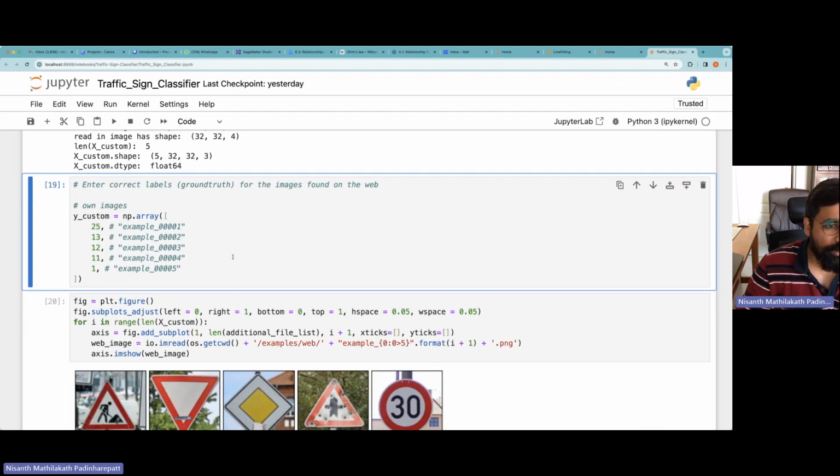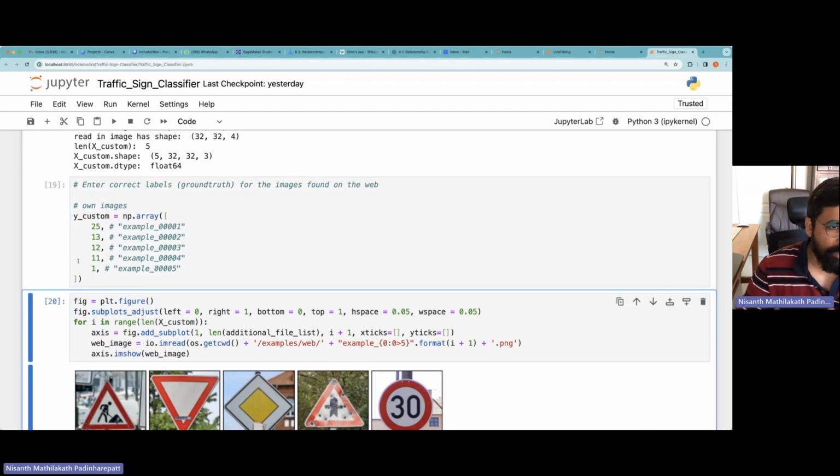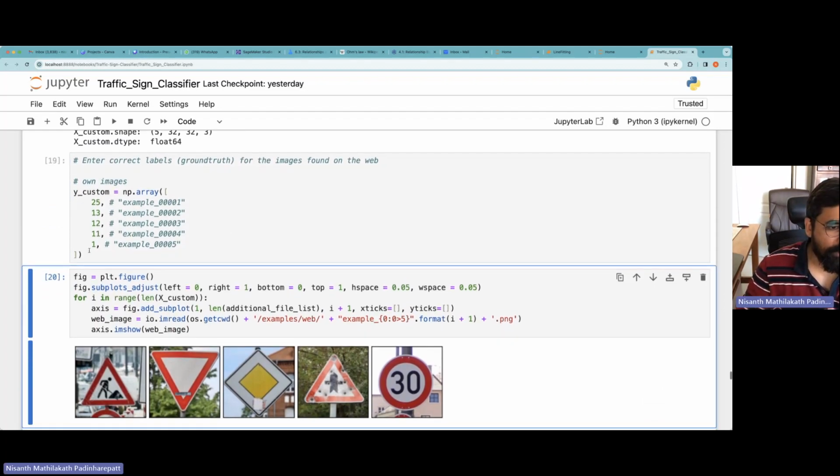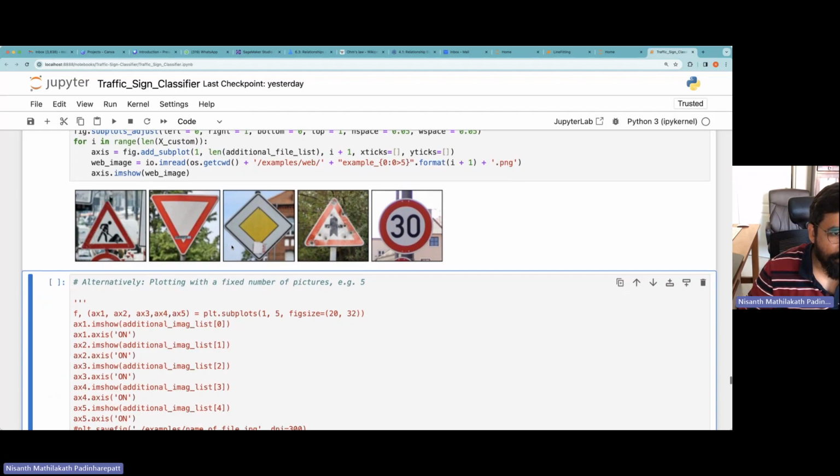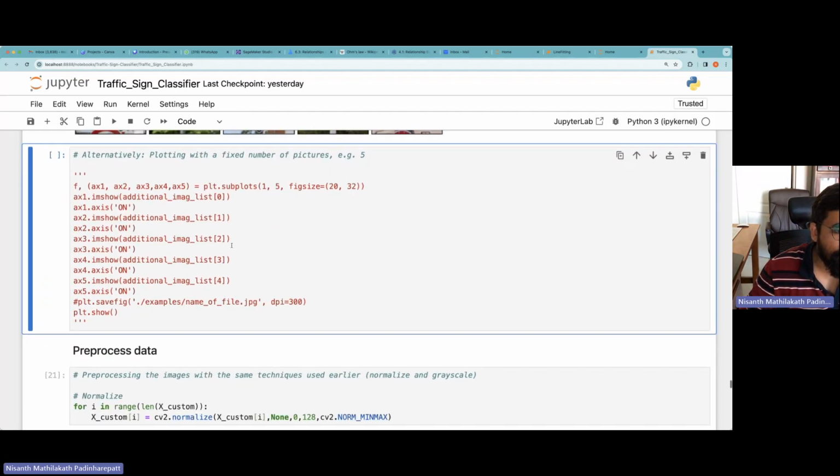These are the images and classes. 25 means men at work, this one is yield, this is priority road, and 30 is the speed limit sign. These are the class label numbers. Now let us see how it is able to predict.